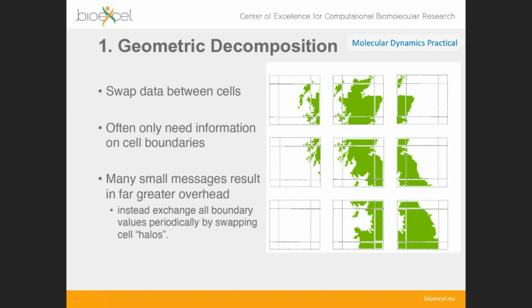What is an effective way of performing communication? It's inefficient from a hardware perspective to have lots of small messages being sent all the time. So instead, what these kinds of codes usually do is when they split up the problem, and it doesn't need to be spatially identically sized, however they split it up, they periodically exchange, if it is something that does time evolution, say each time period, the values across the entire boundaries, and these boundary values of these cells are referred to as halos.